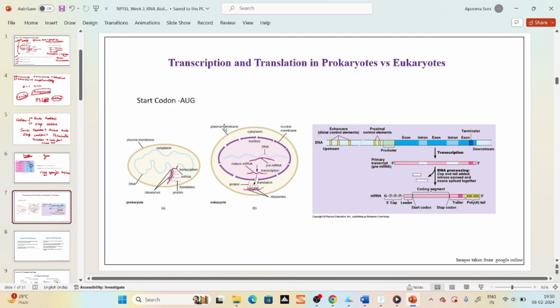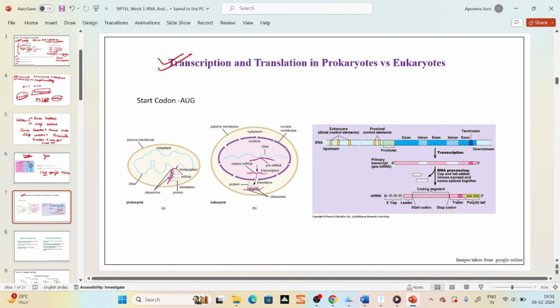Now the next thing is transcription and translation in prokaryotes and eukaryotes. So the process of transcription is different in the case of prokaryotes, and the basic concept, the basic reason and the logic, that is the same, okay. The logic remains the same, but there are certain differences in the transcription process between prokaryotes and eukaryotes.